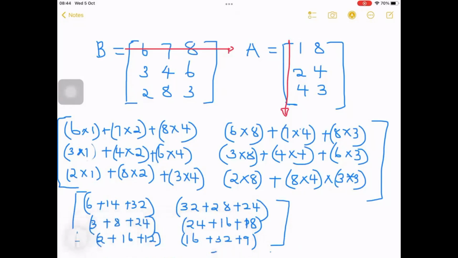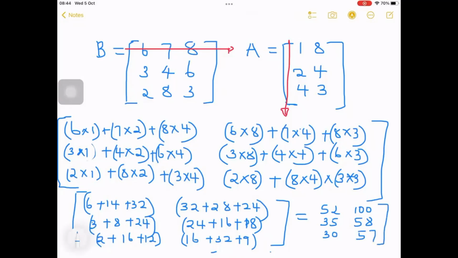If we simplify further, this is equal to 52, 100, 35, 58, 30, and 57.